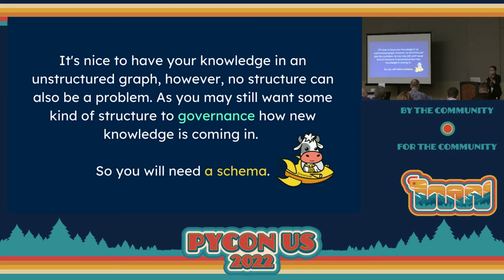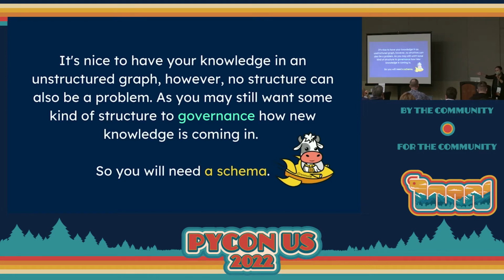Sometimes you want a structure where, for example, a person always has a name, let's say first name and last name, but it's a bad model because some people only have one name, but anyway. So let's say a person needs to have a name. Let's say a person needs to have a contact number, because if we can't contact them, they don't exist in our database. So you can build a schema, a structure, to govern how your data looks.